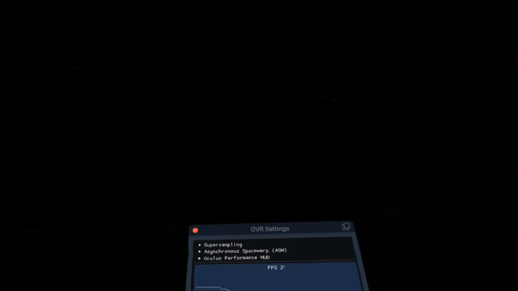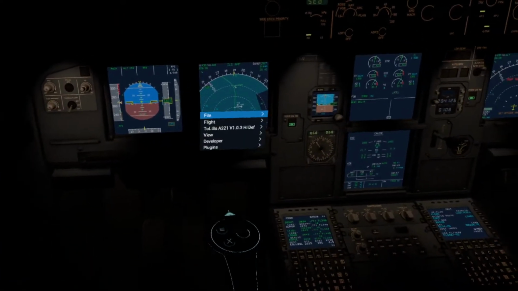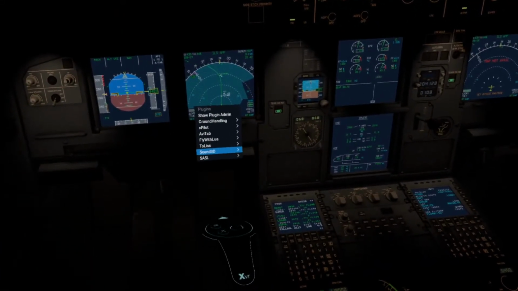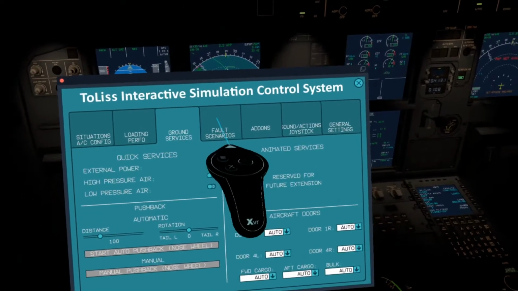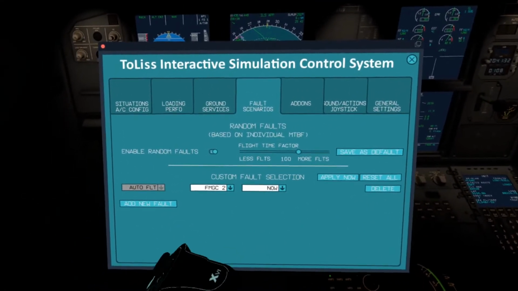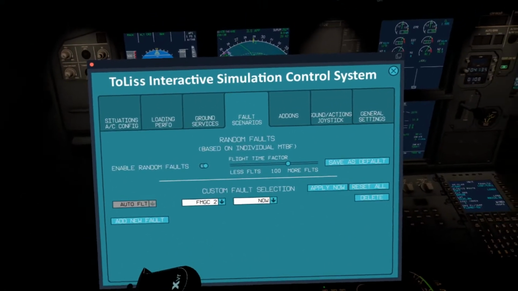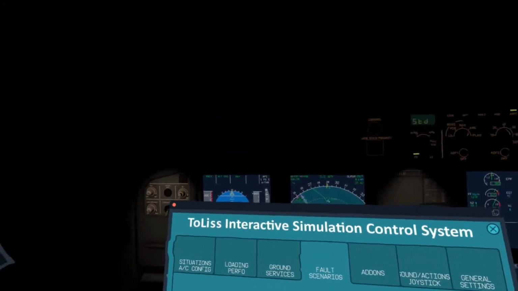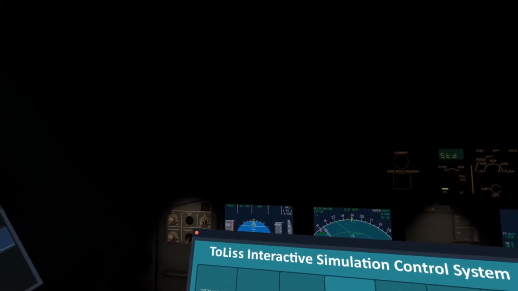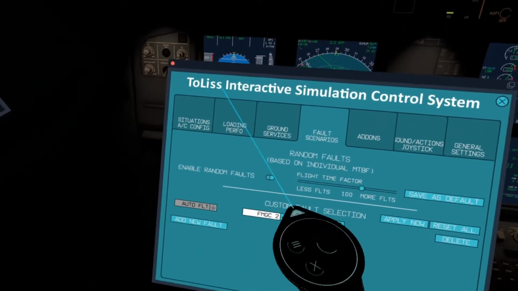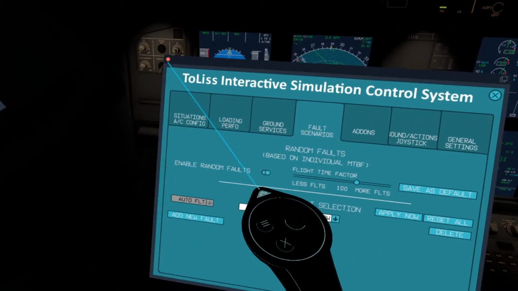Let me see this error here. So it's oil flight control failure.